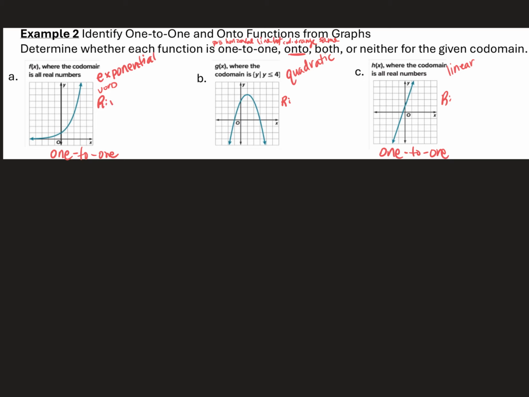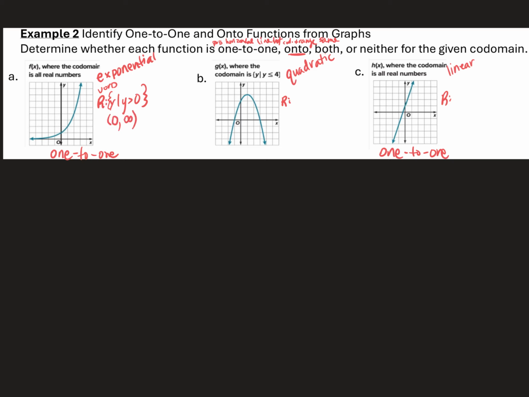So y is greater than 0. Let me write that in interval notation, sorry. y such that y is greater than 0, that's set builder notation. And in interval notation, that would be parentheses from 0 to infinity.